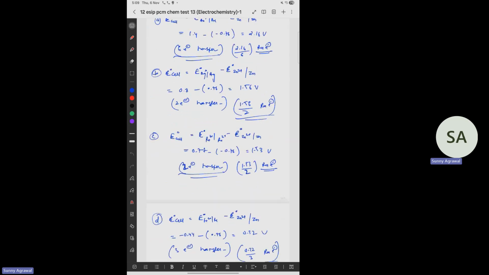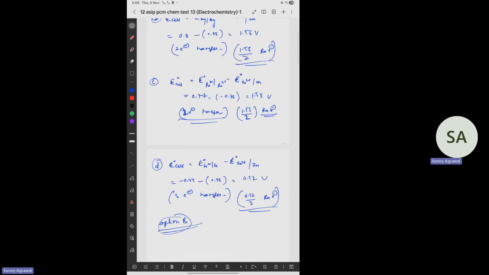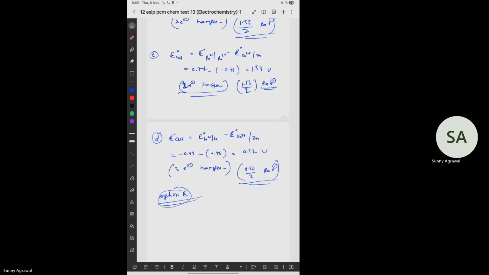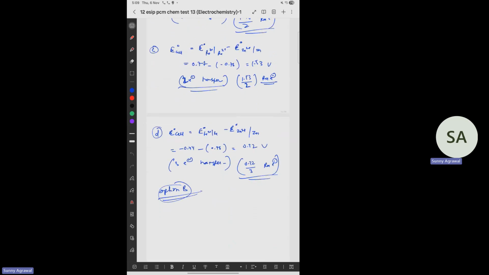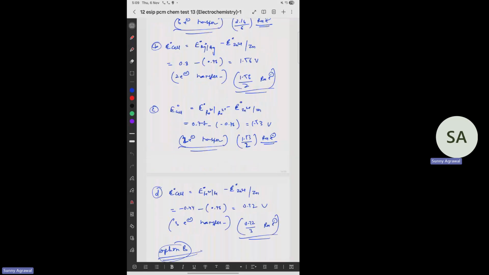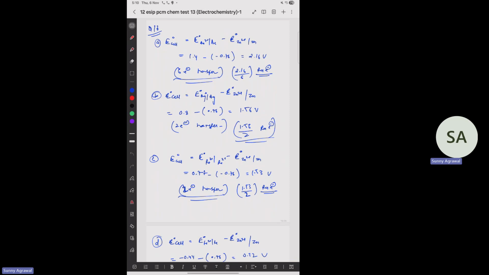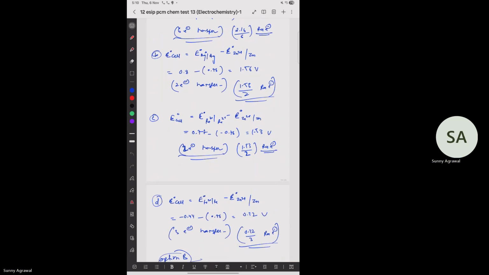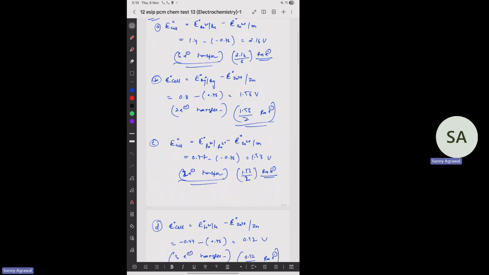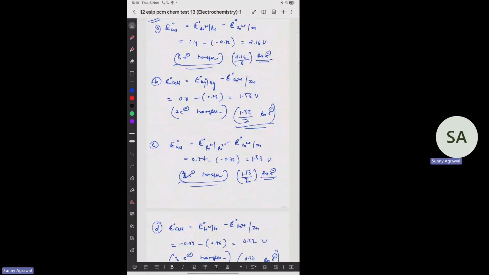For Fe and zinc we get 1.53 divided by 2, and for Fe2+ to Fe we get 0.32 divided by 3. Here, in case B, what we can conclude is that the maximum E cell per unit electron will be obtained. So our silver cell, the reduction cell, will be considered.